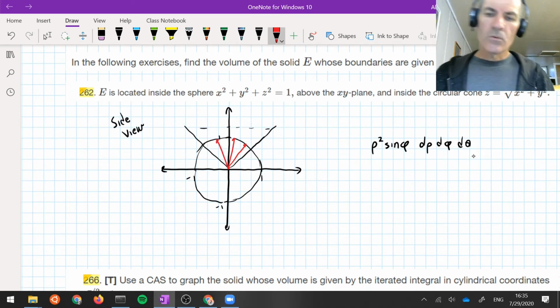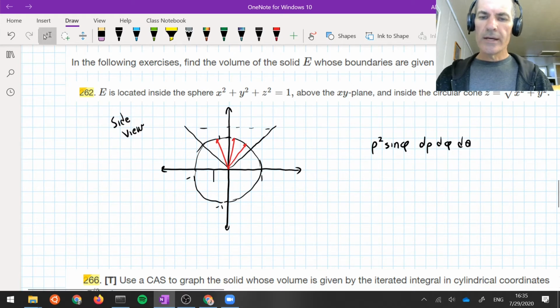And that's a really nice situation for spherical coordinates. Those rays always start at rho equals 0 and they always end at rho equals 1, right? On the surface of the sphere of radius 1, every point is 1 unit from the origin.